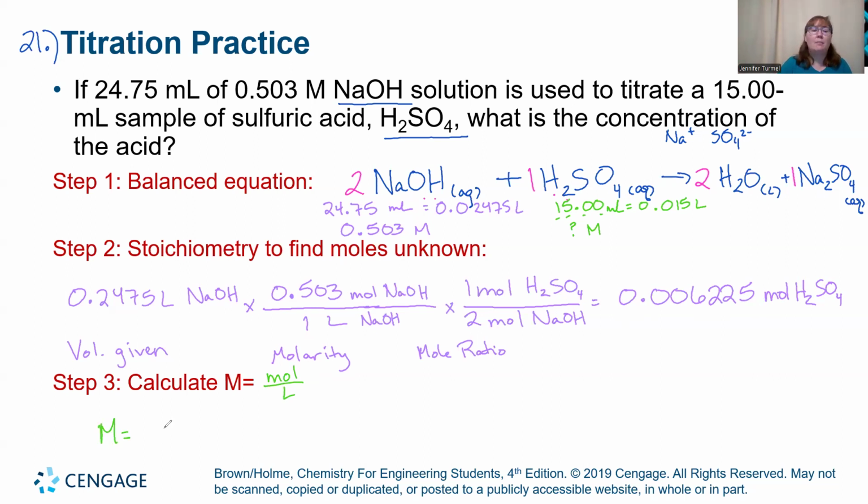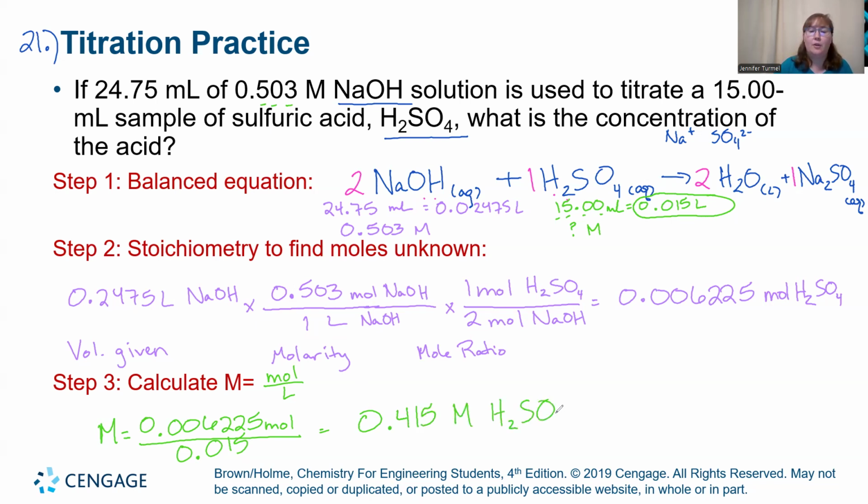So that means I've got my moles here, 0.006225 moles, and it's divided by the volume in liters that I have right here, so 0.015. And I can have 4 significant figures from my originals in there. Oh, actually, look at this. For my final answer, I can only have 3 significant figures. So in my final answer, this will become 0.415 molar, and it's H2SO4.